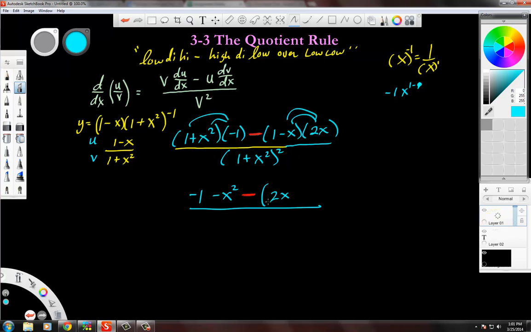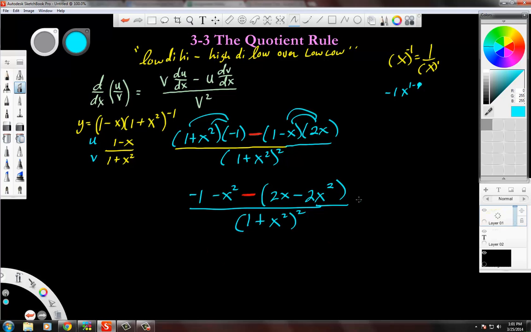Notice I'm putting that in parentheses. I think that's very smart. And then 2x times -x is -2x to the second power, like so. And I'm going to keep the bottom. I'm getting a little sloppy there. Sorry about that.